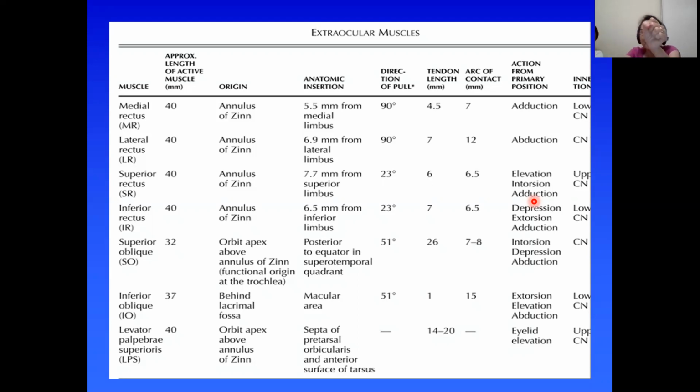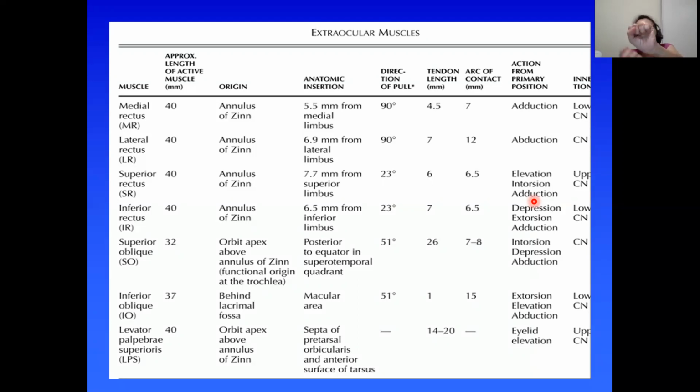Now, the inferior oblique: the insertion is at the inferior part of your orbit, but it is medial to the equator. So when it pulls, the eyeball does this. That is extorsion.